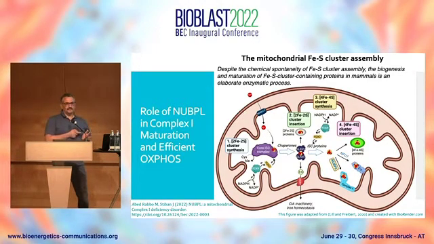Just to make a long story short, there are several proteins that are necessary for the incorporation of iron sulfur clusters. It starts by cysteine desulfurase that removes the sulfur from the cysteine into the core ISC complex using electron transfer from NADPH and ferredoxin reductase and ferredoxin.